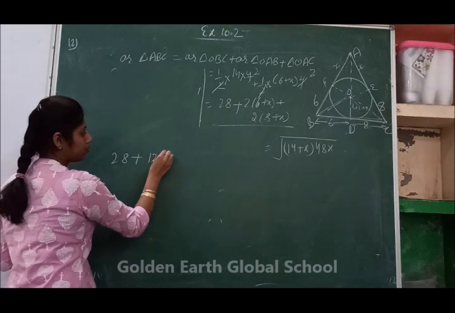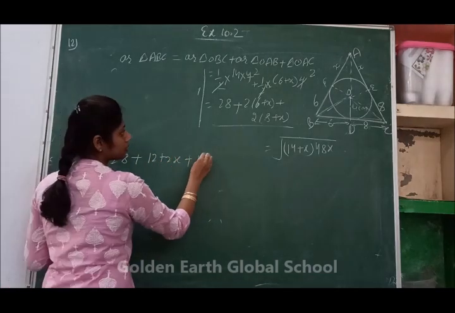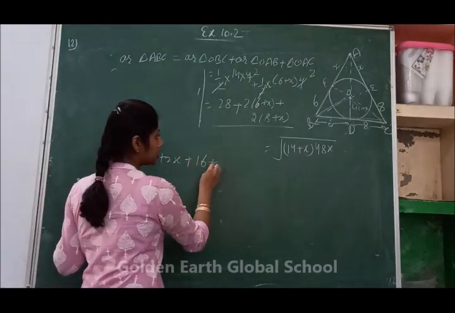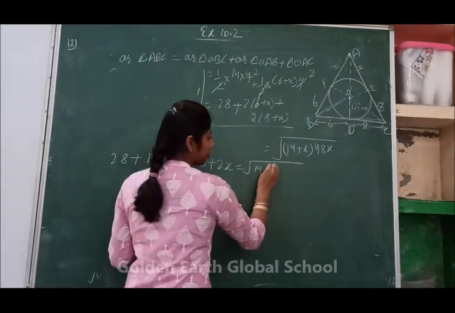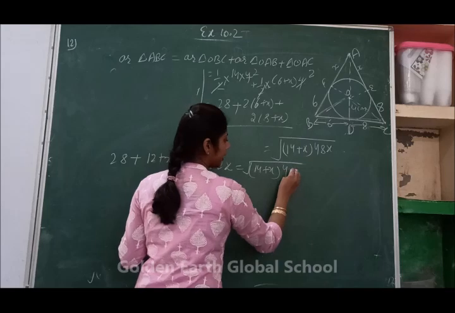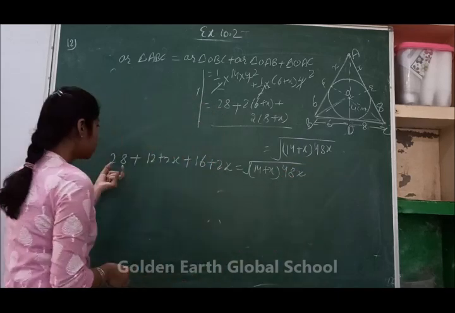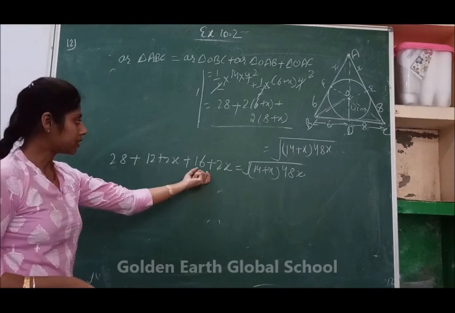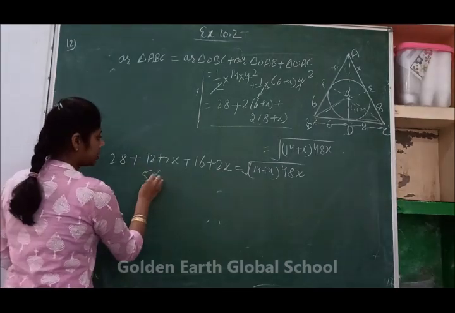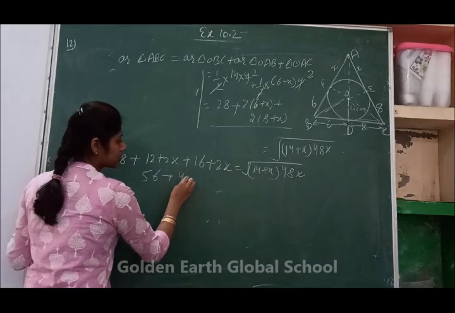28 plus 12 plus 2x plus 16 plus 2x equals root of 14 plus x into 48x. 28 plus 12 is 40. 40 plus 16 is 56. 2x plus 2x is 4x.